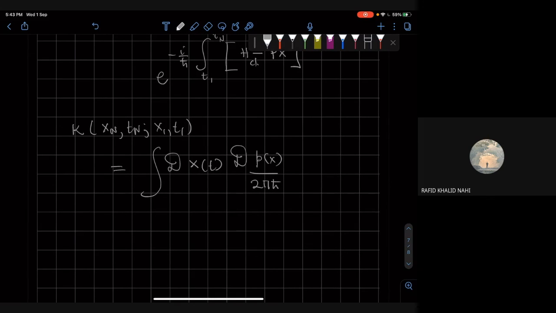And then we have e to the power minus i by h bar, integral from t1 to tn of H classical minus p x dot dt. Okay, this is the expression for the Feynman path integral in phase space.